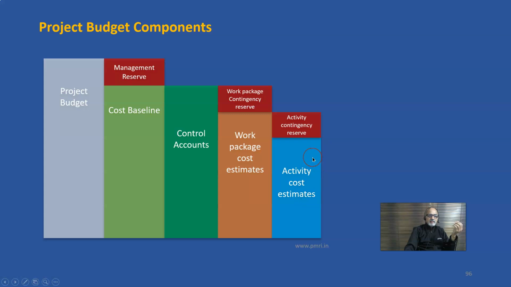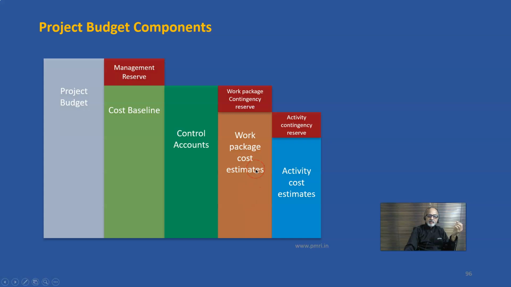And we aggregate them and we add to it activity contingency reserve, which is nothing but cost buffers, because if something goes wrong or if it goes beyond expectation, we have to provide some cost buffer. So that is the activity contingency reserve. So activity cost estimate plus activity contingency reserve, when we aggregate it, we get the work package cost estimate.